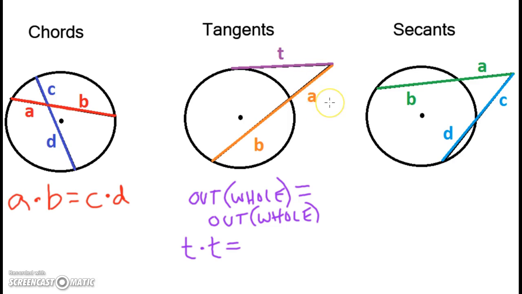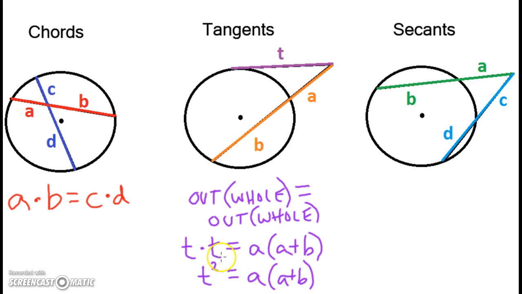The piece on the outside is A times the whole thing. Well, the whole thing is this piece that's A plus this piece that's B. So I'm going to put A plus B in there. Now, if you have T times T, that's the same thing as T squared. So you may see this equation written like this.